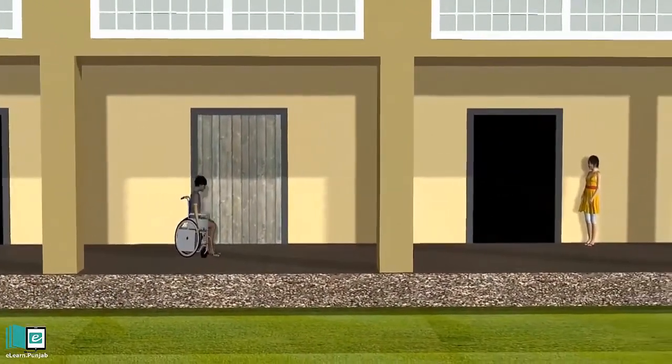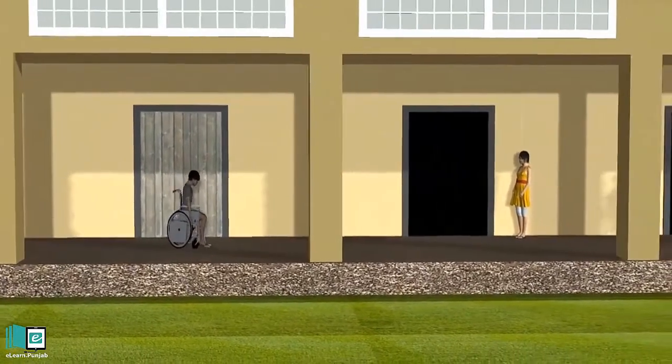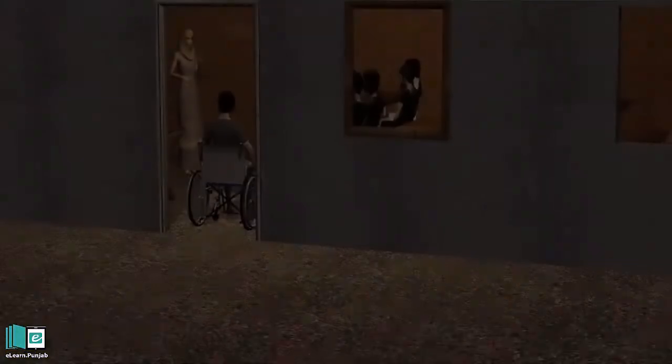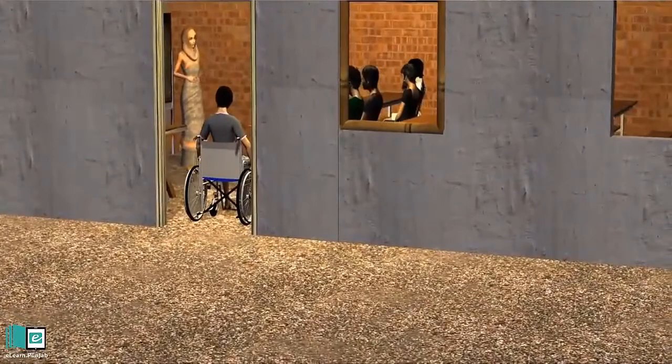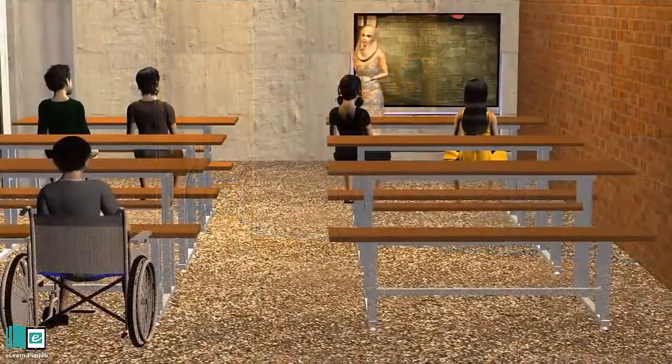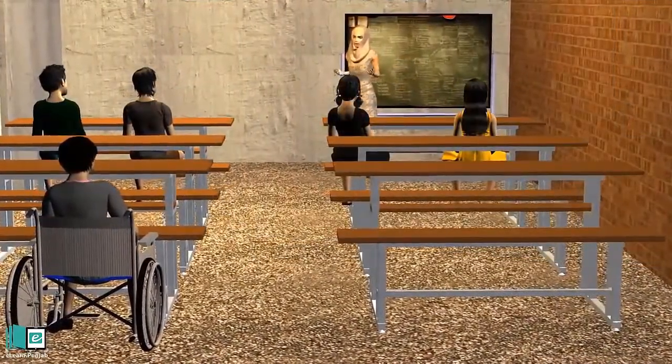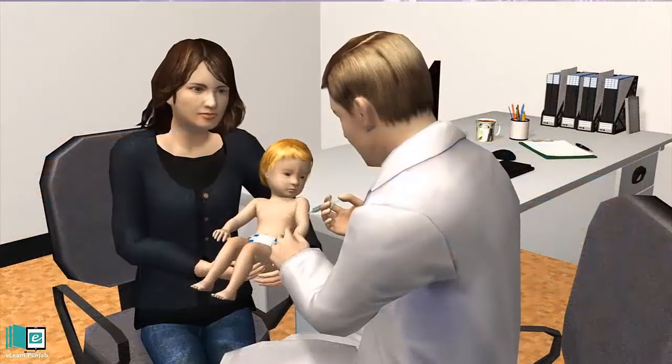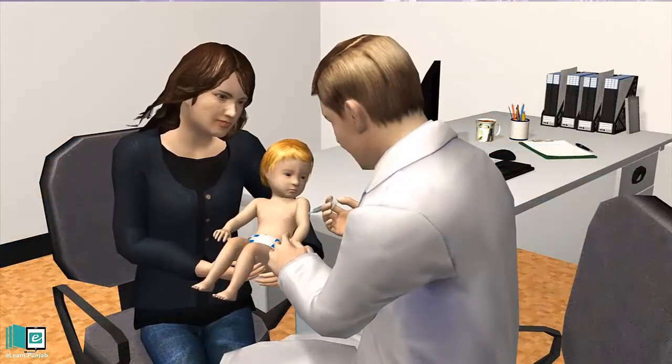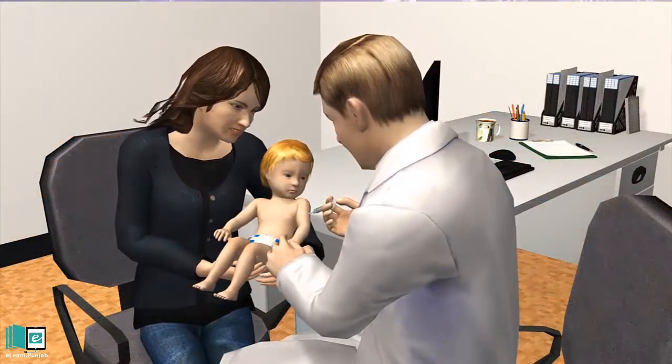Polio is an example of this disease, and Allah forbid, if a child becomes a patient of polio, it causes its legs to be damaged. But if the child has been vaccinated with a polio vaccine, then it will not be able to harm him.